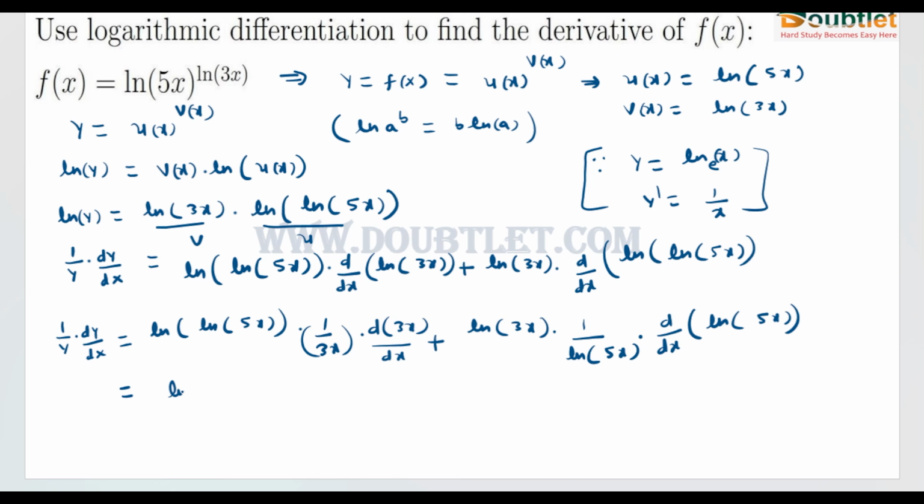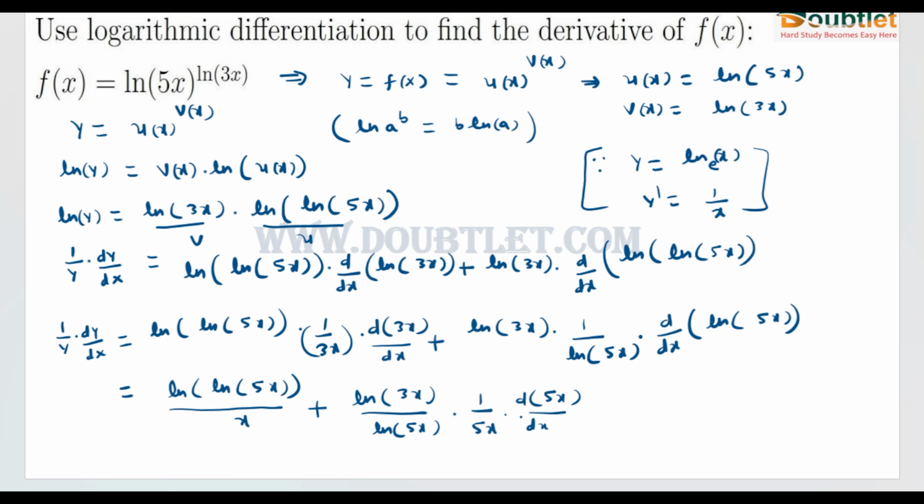So basically it becomes ln of 5x divided by x, plus ln of 3x divided by ln of 5x, multiplied by the differentiation of ln 5x, which will be 1 upon 5x, and then the differentiation of 5x with respect to x will be 5, because 5 is constant and comes out, and dx will be cancelled by dx.